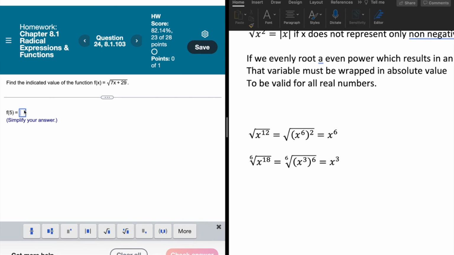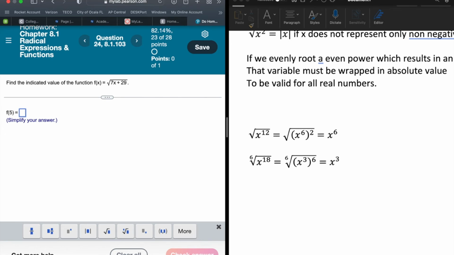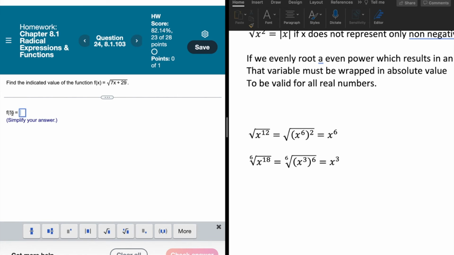All right, almost done with 8.1. So now we have some function evaluating. So f of 5 simply means take f of x and replace x with 5. Well, if I replace that x with 5, then I'm going to have 7 times 5 plus 29.